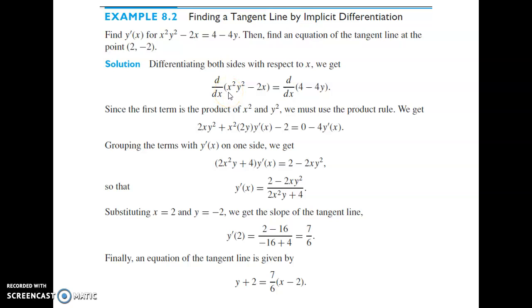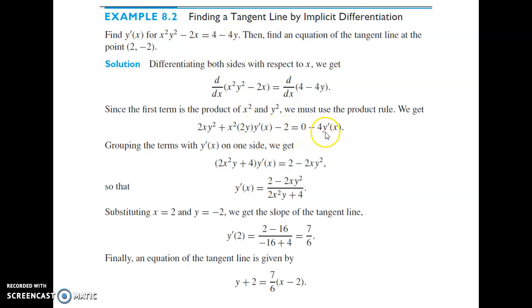See, differentiation of x square, 2x, y square as it is, and then plus x square as it is, differentiation of y square. First I will 2 the power 2y, and then derivative of y, y prime x, minus 2 into 1, yes 2, differentiation of 4, 0, and minus 4, derivative of y, it is dy by dx, that is y prime.